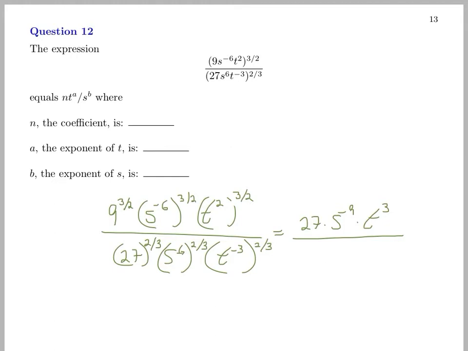And then in the denominator, 27 to the 2/3 means the cube root of 27, which is 3, squared, which is 9. Then s to the 6 times 2/3, which is 4. And t to the minus 3 times 2/3, which is minus 2.